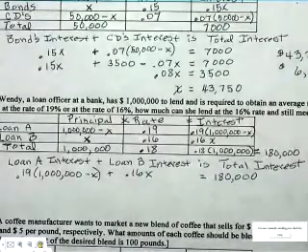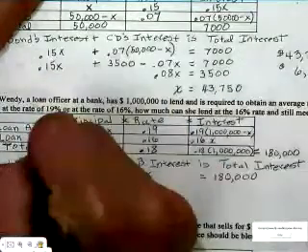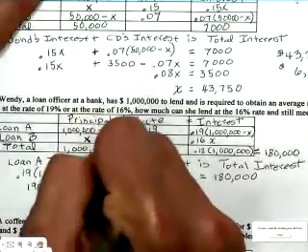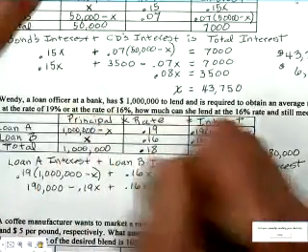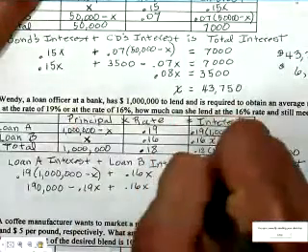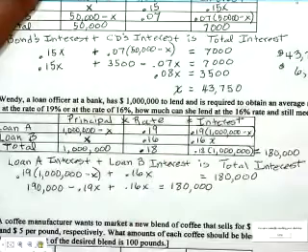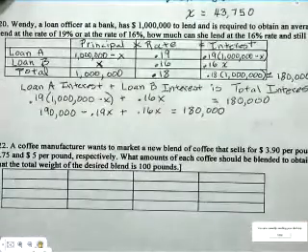Clear out parentheses. Combine like terms and subtract 190,000 from both sides.